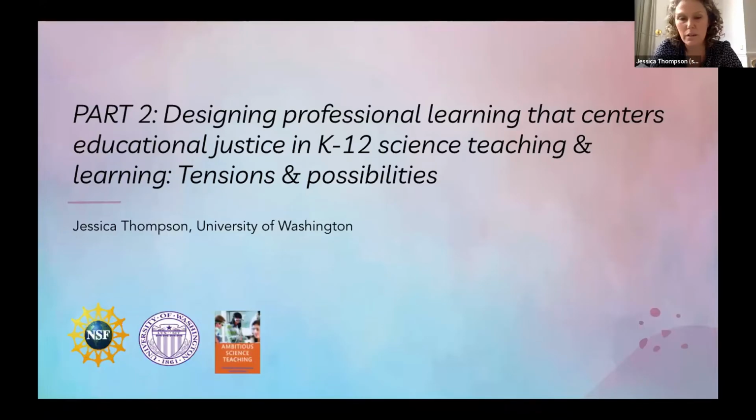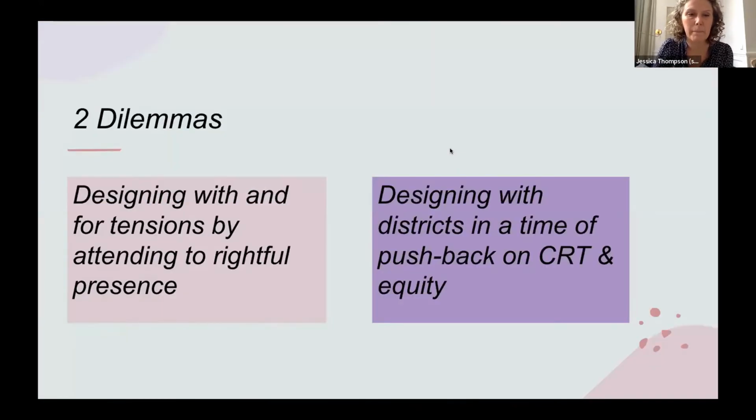Okay, slow load. We were wrestling, as an extension from the last time we talked, with designing professional learning that centers educational justice in K-12 science and math, naming the tensions as well as working through to see what some of the possibilities are.